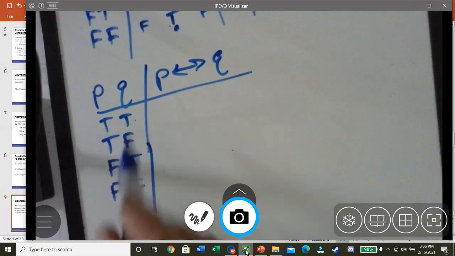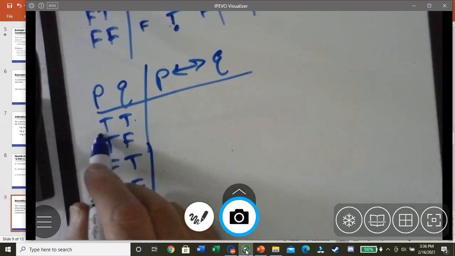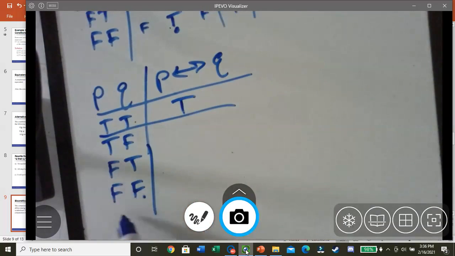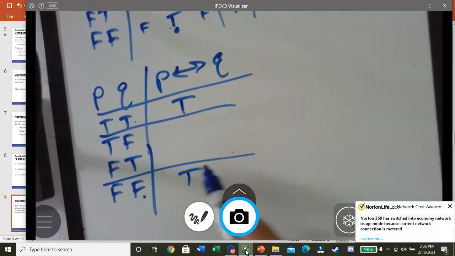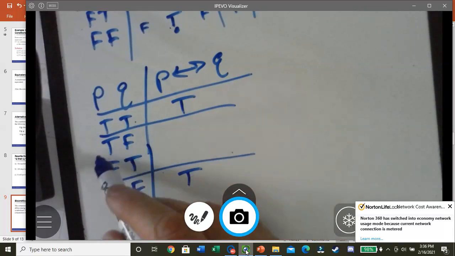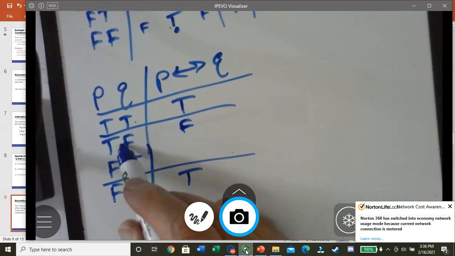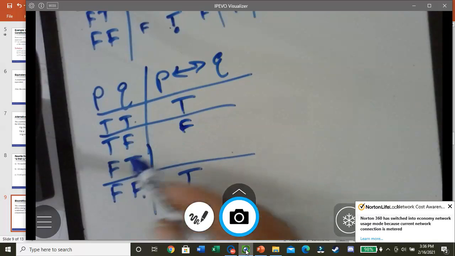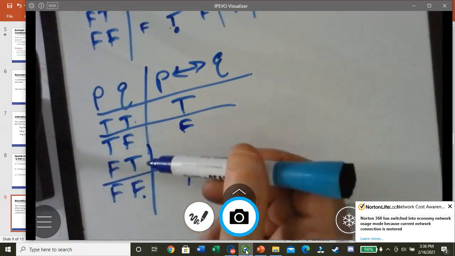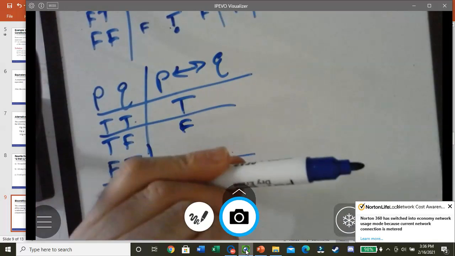If you have two truths or two falses, those are true. If you have a true and a false, that's false. We knew that before from a conditional statement. But going back the other way: if true, then false, that's false. If false, then true, that's true.